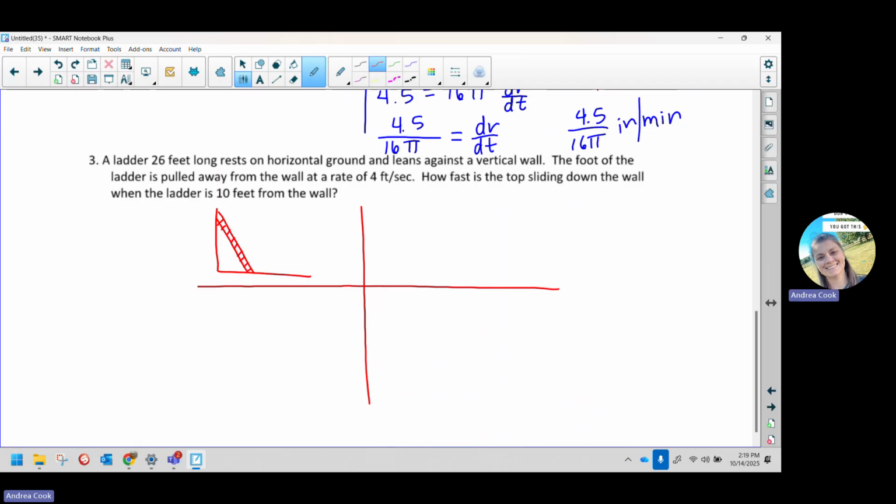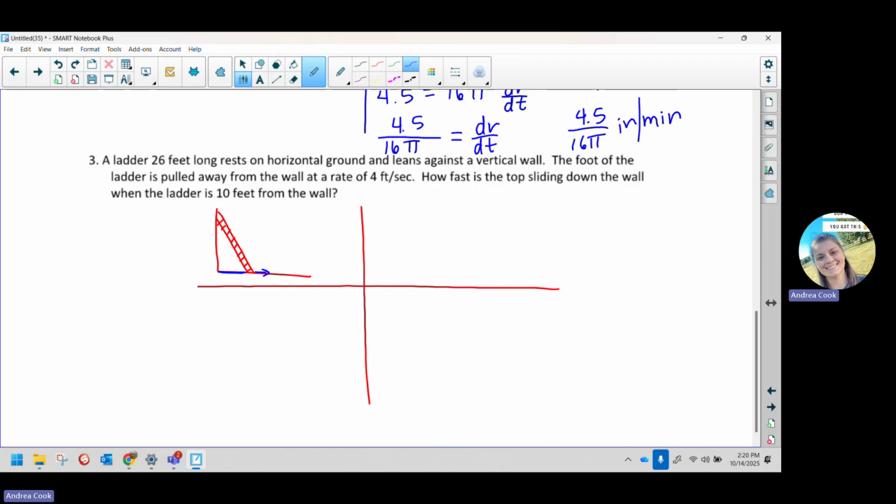All right, we have a ladder resting against a wall. What is happening is the base of the ladder is being pulled away from the wall, so this is going in that direction. This length right here, that blue line, is changing over time.